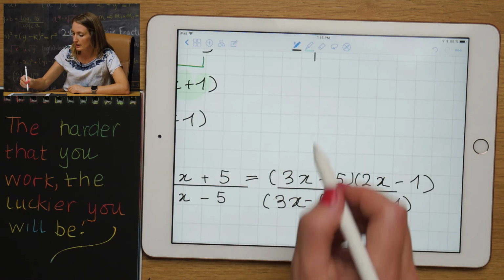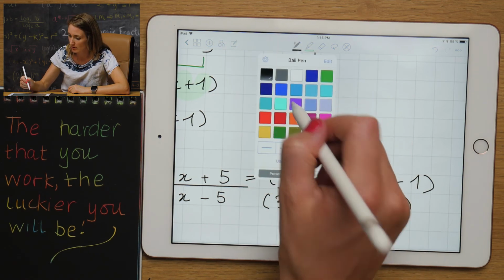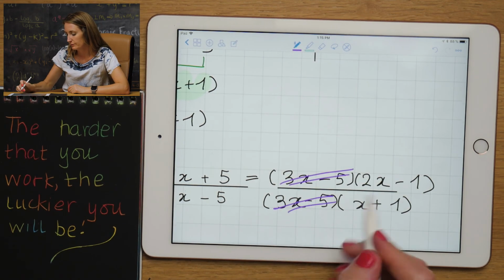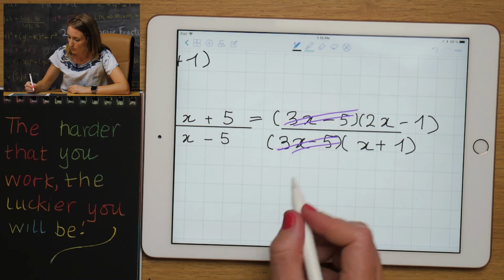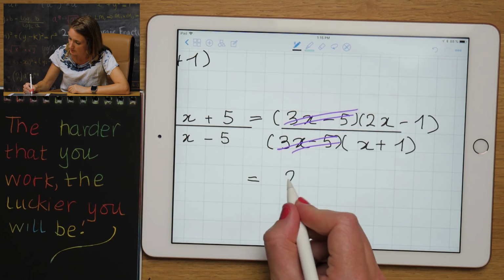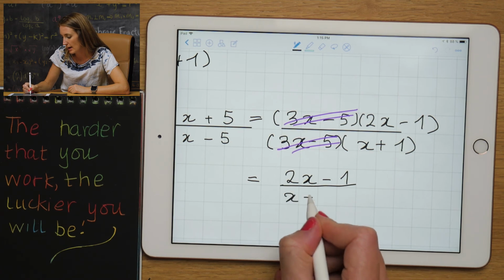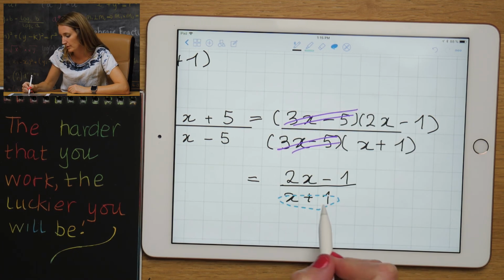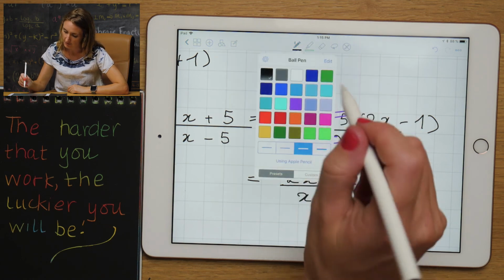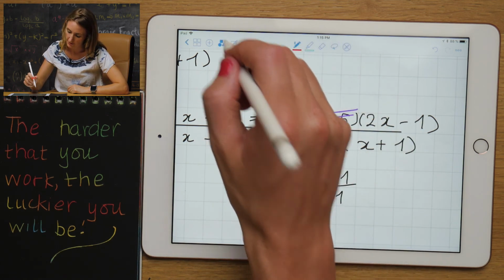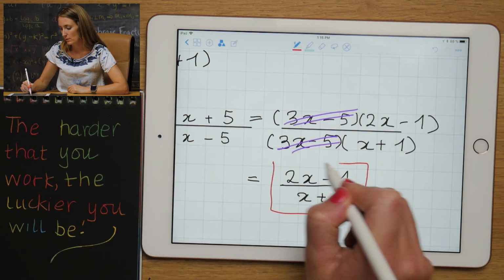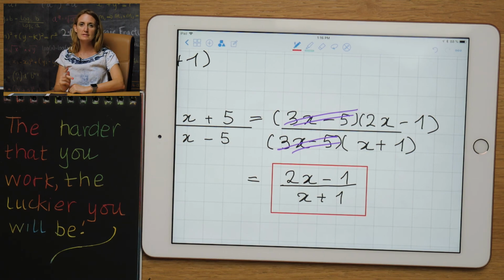And you can see here, again, we've got some common factors which can cancel down. So we're going to have 2x minus 1 and x plus 1. And that's going to be our final answer and our final question from Key Skill 1. Hope you enjoyed that. See you in Key Skill 2.